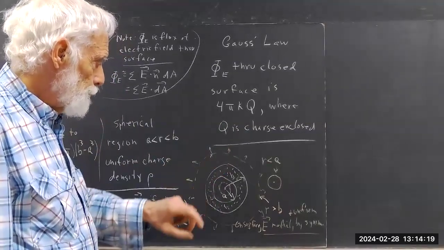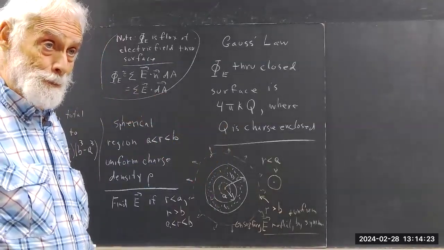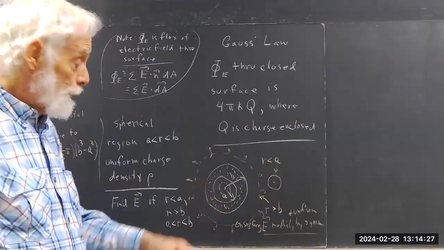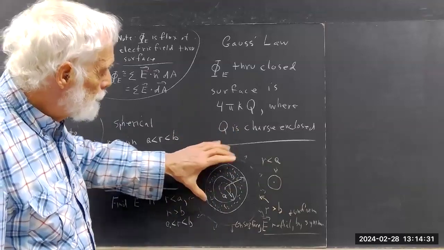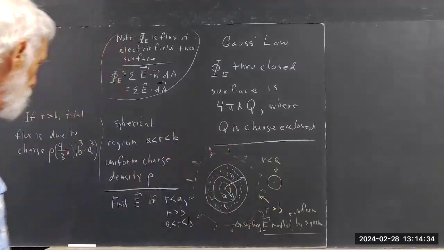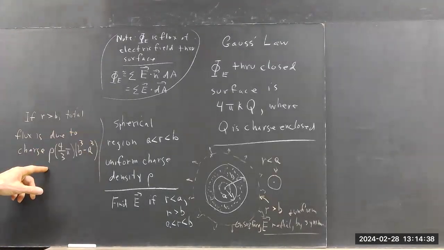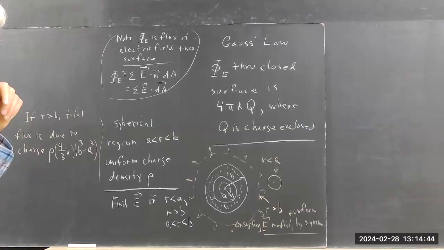Well, the volume of the outer sphere is 4/3 pi b cubed, whereas the inner sphere is 4/3 pi a cubed. The region between is the difference, which is 4/3 pi times b cubed minus a cubed. We multiply that by rho. Now we have the total charge enclosed if r is greater than b.